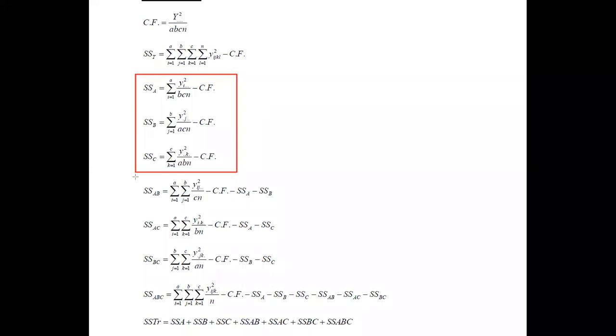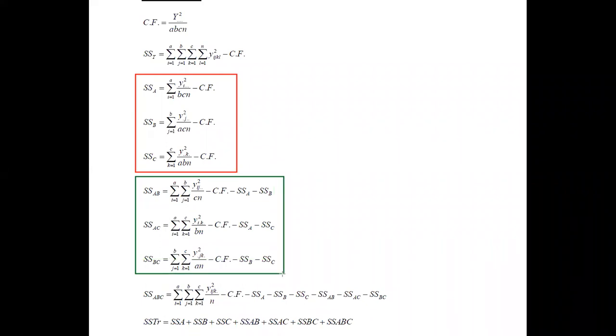Now we can go for the calculation of the two-way interactions. First of all, you need to identify the totals of these interactions. Therefore, Yij double dot are the totals; square them and then divide by C times N, since you have used AB here.